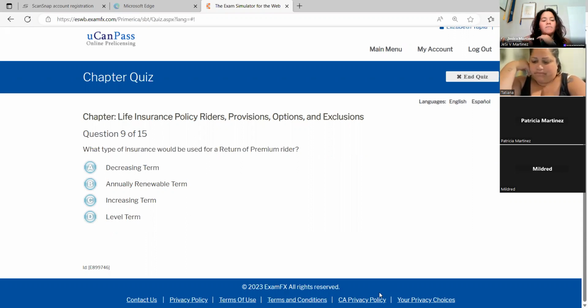So let's think about what type of insurance will be used for a return of premium rider. It's a rider that you add to your policy that says that if you die within a certain number of years, not only do they pay the death benefit, but they also pay every single premium you've paid in.